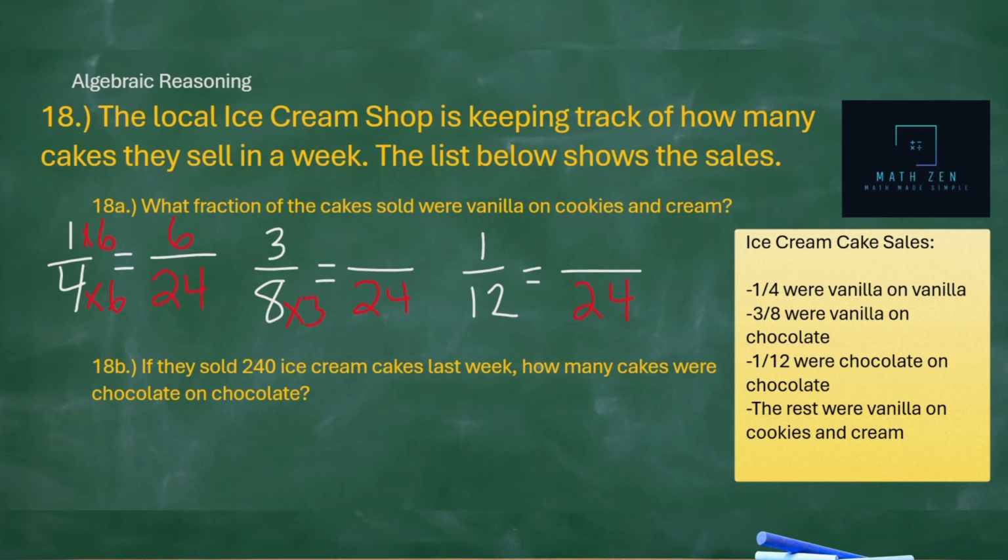Well, we multiplied by 3. Same thing to the numerator, and we're going to get 9. So our new fraction there is 9/24. And then finally, what did we do to this 12? Well, we multiplied it by 2, which means I have to go to the numerator and do the same, which gives me 2/24. So my 3 renamed fractions are 6/24, 9/24, and 2/24.